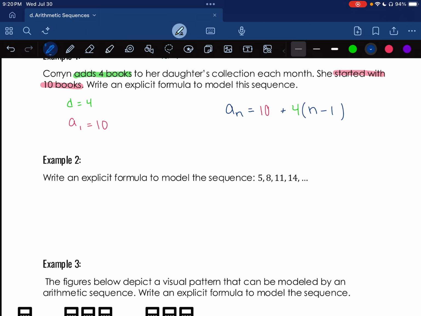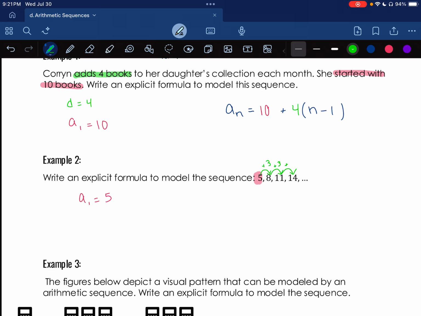So let me know A sub 1 here is 5. I'm starting with 5. And then I need to think, how am I changing from 5 to 8, from 8 to 11, from 11 to 14? What's going on here? And I notice that I am adding 3 each time. So that makes my common difference 3.